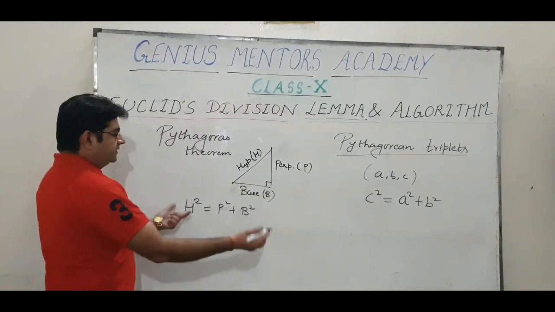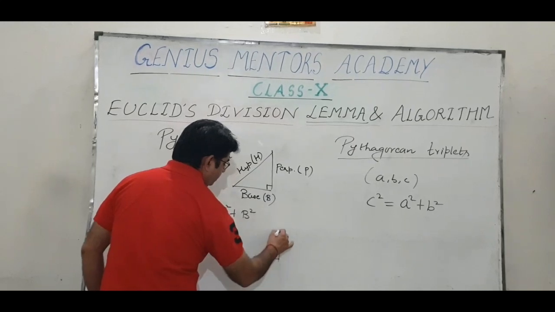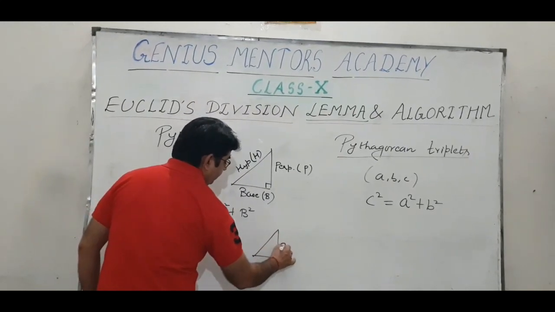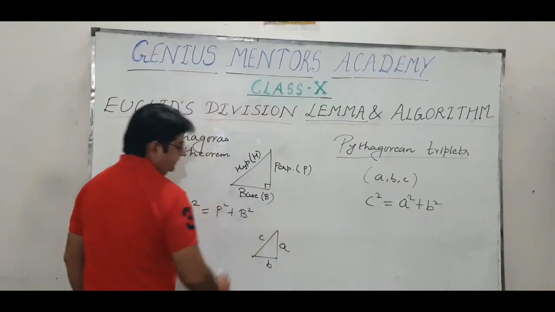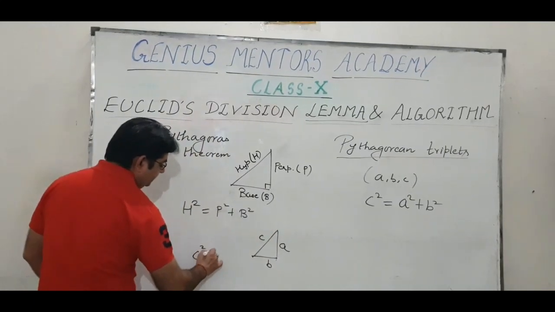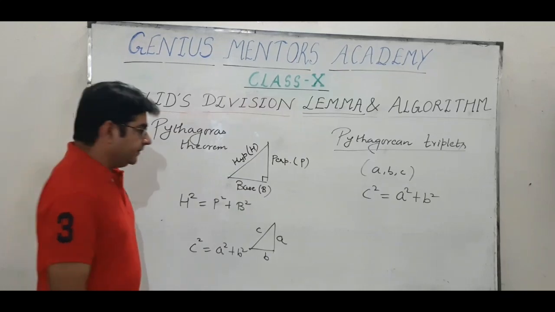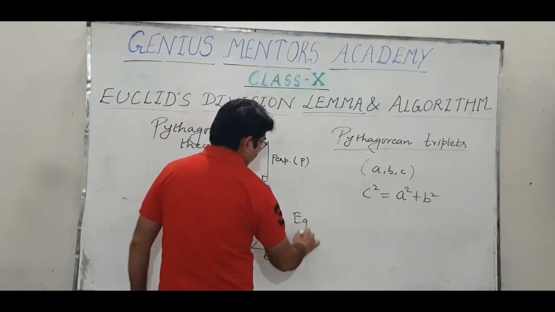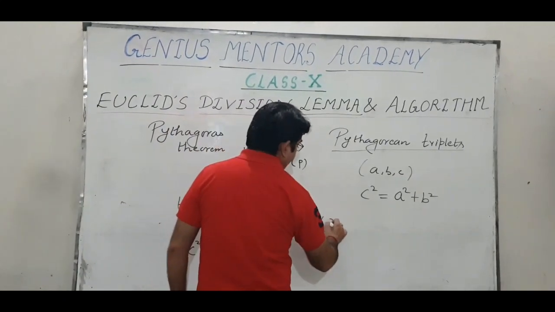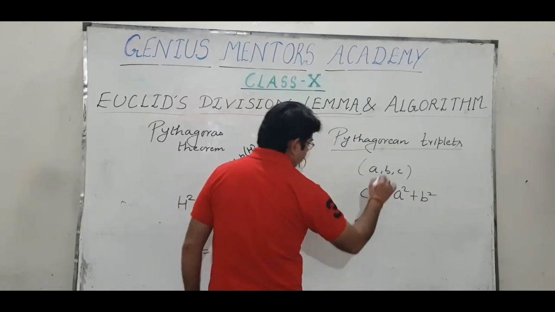If we consider a, b and c, then we can also write c square is equal to a square plus b square. For example, 3, 4, 5.